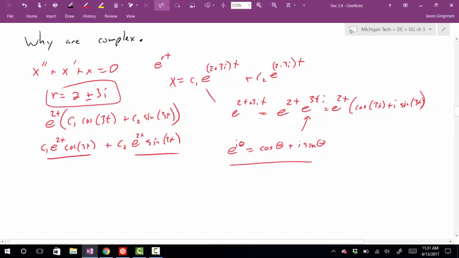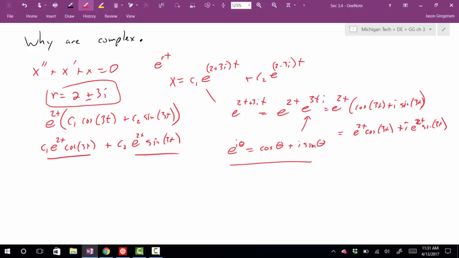And really, if I distribute that e to the 2t, I get e to the 2t cosine of 3t plus i times e to the 2t sine of 3t. That looks pretty familiar, right? Doesn't that pretty much look just like my solution here? It does.